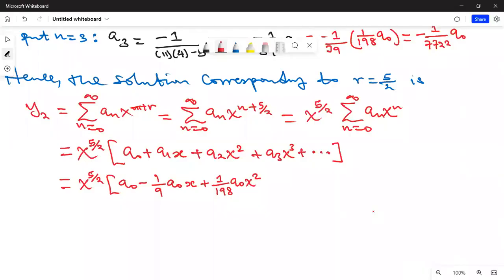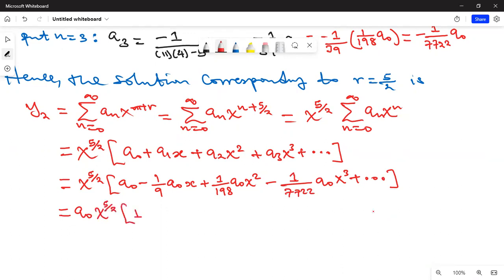Then the next is a3, which we got negative 1 over 7722 a naught. That will be x cubed plus so many other terms. And you see a naught is common, that can be factored out. So we'll write a naught x raised to 5 over 2.